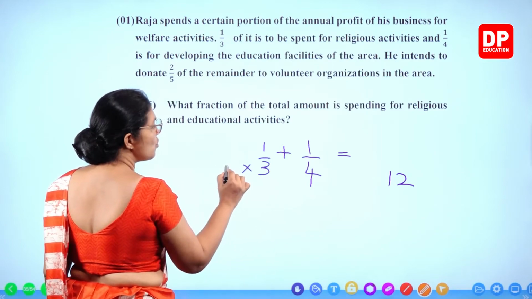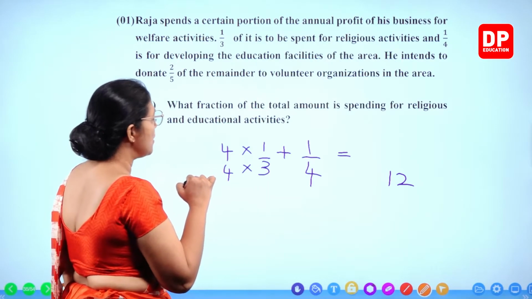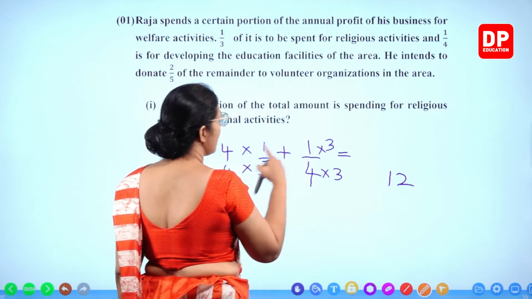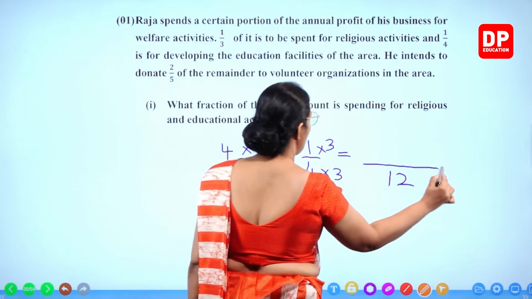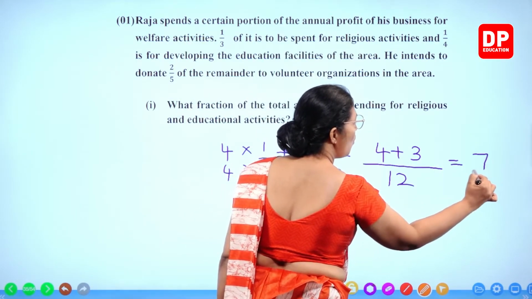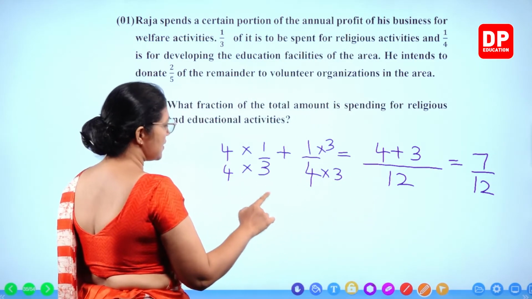Convert this to 12, that means multiply both the numerator and the denominator by 4. This one you have to multiply by 3. Then you get 4 plus 3, that's 7/12 parts for both of these.